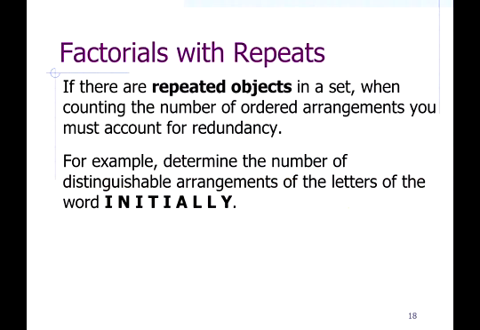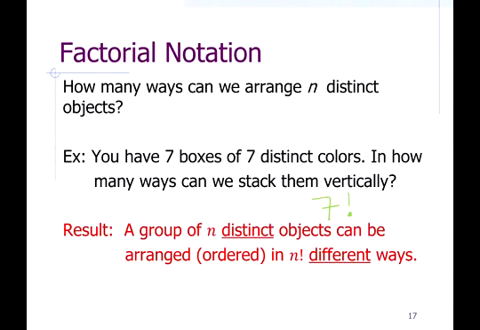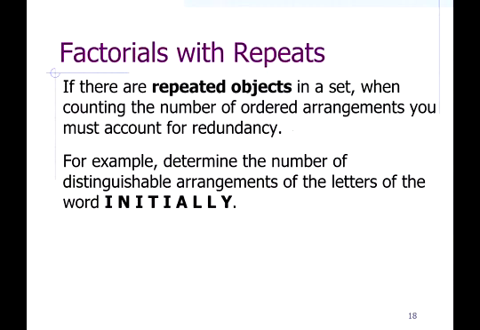So that is factorial. Now, so far, we've been focused here on the distinct, 5 different people or 7 different boxes. Maybe you have some repeated objects. So let's look at the word initially. If there are repeated objects, how many different ways could we rearrange the letters in this word?